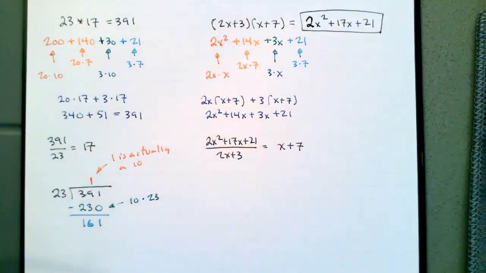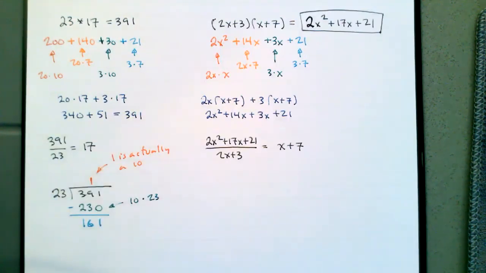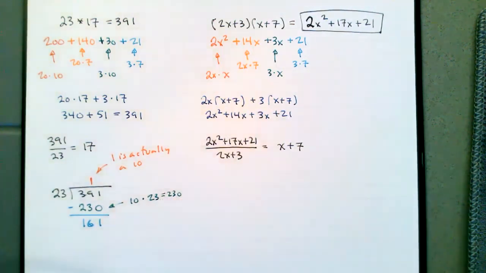And then we're just going to continue subtracting. We've subtracted 10 23s, and now we're going to see how many more we can subtract. Can't subtract 10 more, otherwise we would have put a 20 up on top. So 10 23s is 230. So 9 23s is still going to be too much.